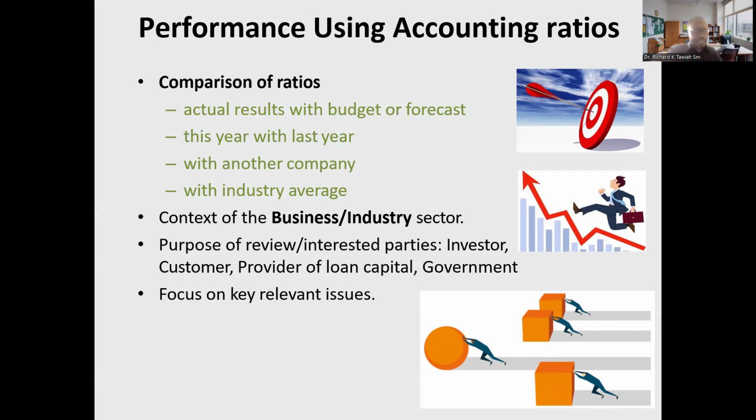We budgeted some amount last year. What is the actual result? And look out for the variances. Compare this year's performance to last year. Are we doing well? Compare our performance with that of a competitor. So Coca-Cola versus Pepsi. Are we doing well? Compare Coca-Cola's performance to the industry average. So these are the analyses you should be doing, okay?